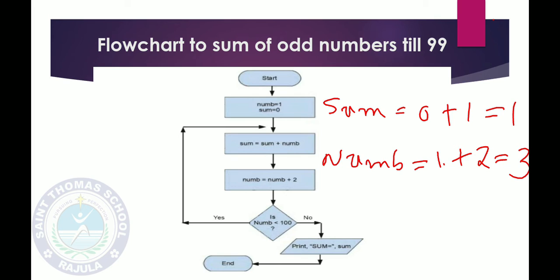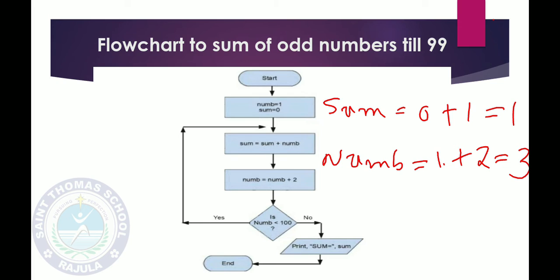So this is the exit condition, students. Till 99 the condition will be true and it will follow the same process again and again. But once the condition becomes false, your program will terminate there and go to the ending process. So I hope you understood this iteration process.